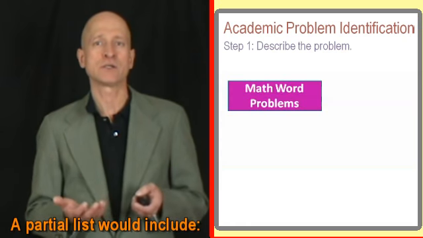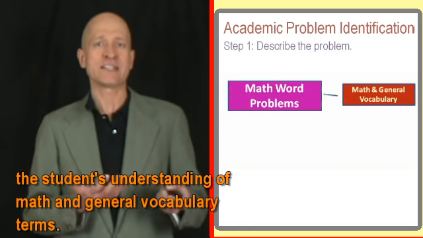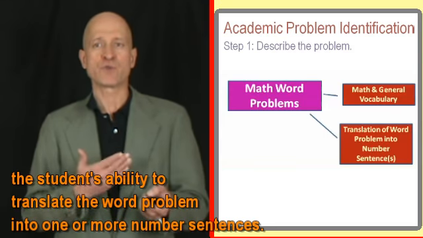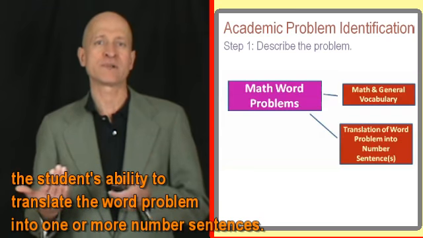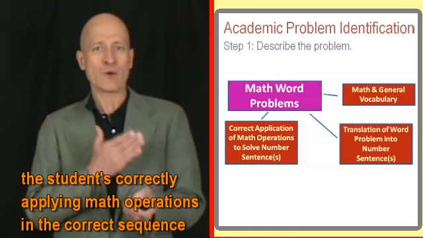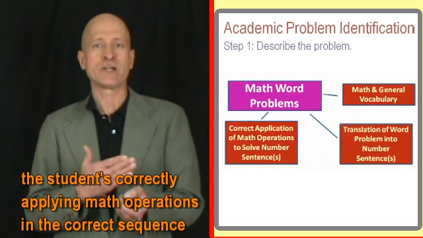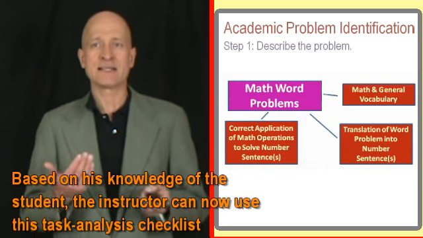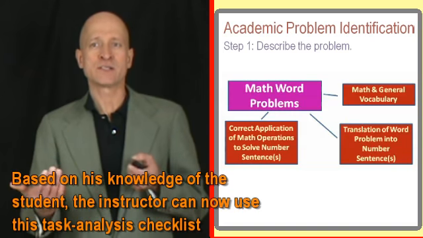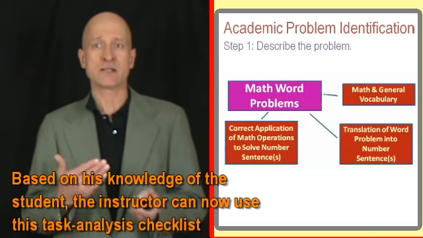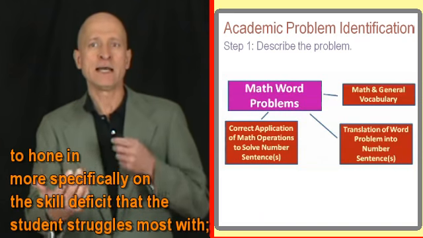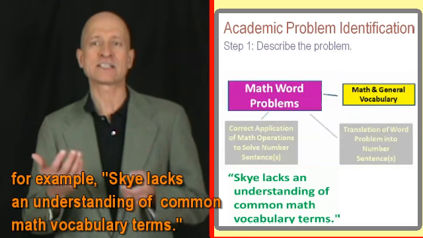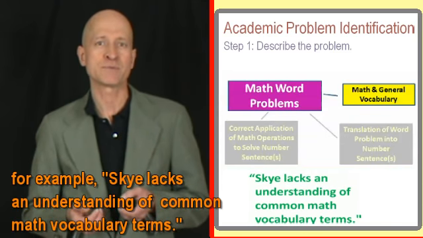A partial list would include the student's understanding of math and general vocabulary terms, the student's ability to translate the word problem into one or more number sentences, the student's correctly applying math operations in the correct sequence to solve number sentences. Based on his knowledge of the student, the instructor can now use this task analysis checklist to hone in more specifically on the skill deficit that the student struggles most with. For example, Sky lacks an understanding of common math vocabulary terms.